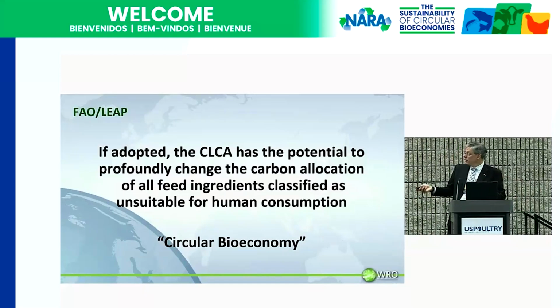Because if adopted, the CLCA has the potential to profoundly change the carbon allocation of all feed ingredients classified as unsuitable for human consumption. This is the concept and the beauty of the circular bioeconomy. Okay?